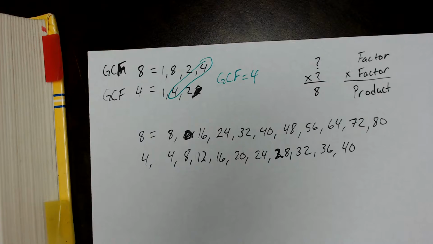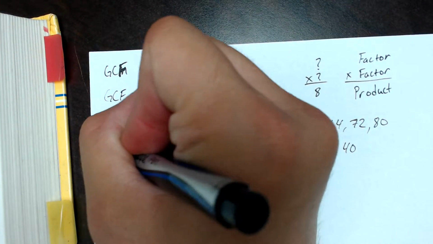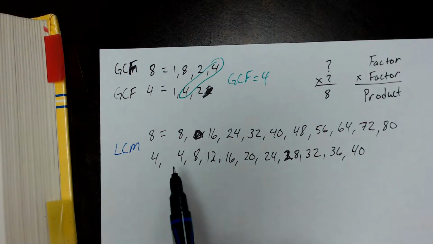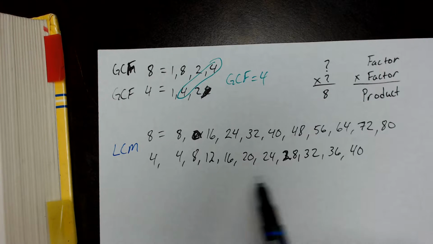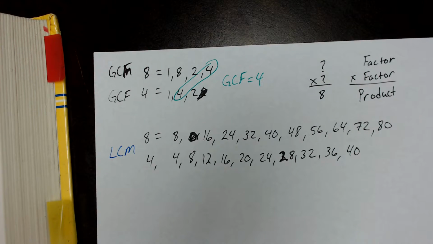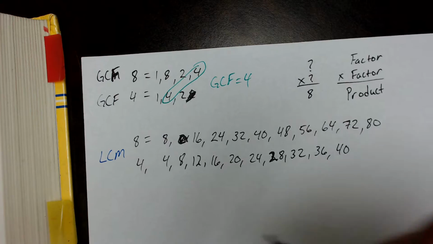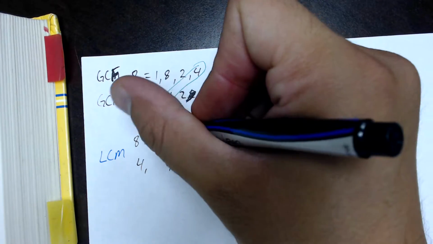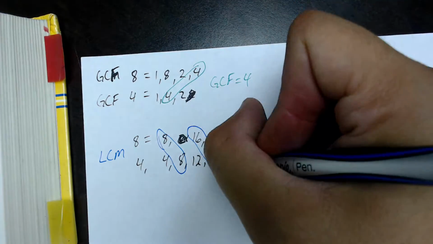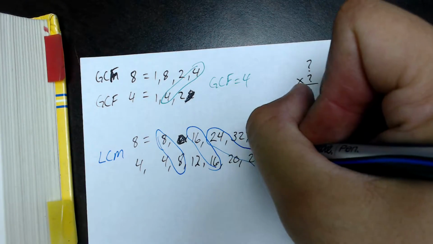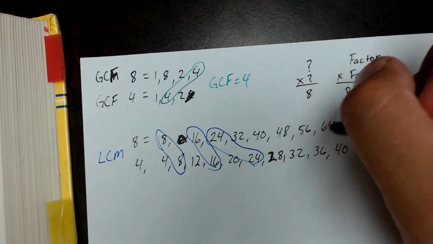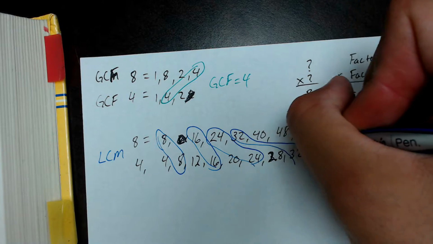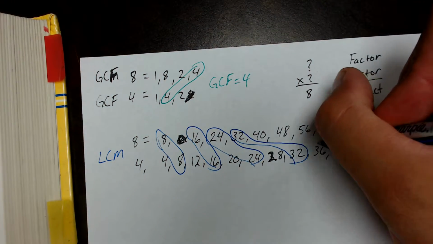Now, the least common multiple, or the LCM, is going to find the multiple between these two numbers that is the smallest, right? So I'll go ahead and I'll circle the common multiples here. We've got 8 in both of these. We've got 16, that matches up. We've also got 24, those match up. 32, that matches up. And then we've also got 40, okay?